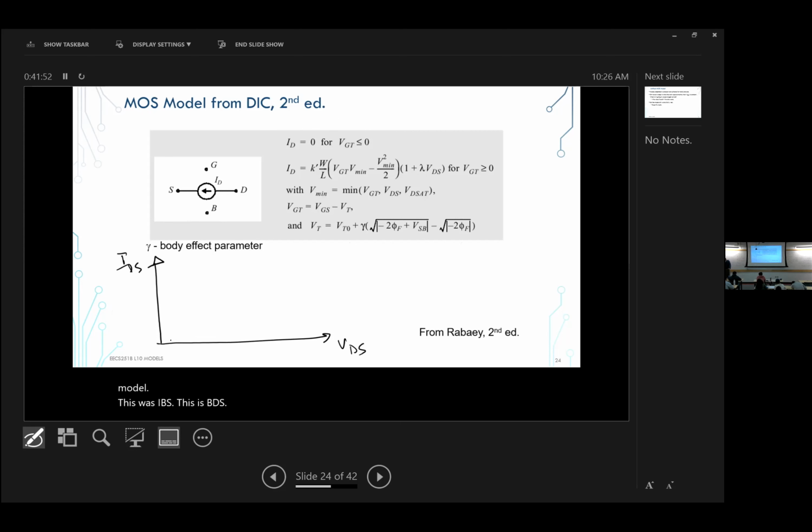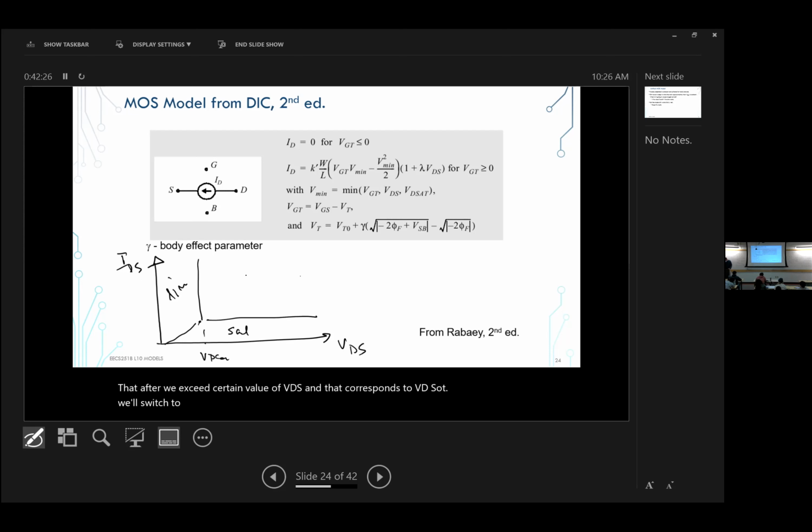And we said we will follow the separation between the linear and saturation for a while, up to some point, and then we'll say that after we exceed a certain value of VDS that corresponds to VDSAT, we will switch to a velocity saturated model.